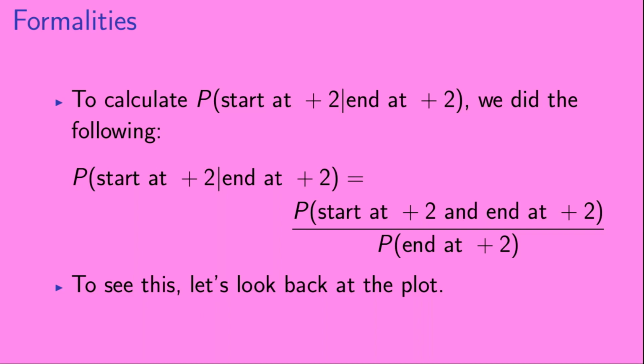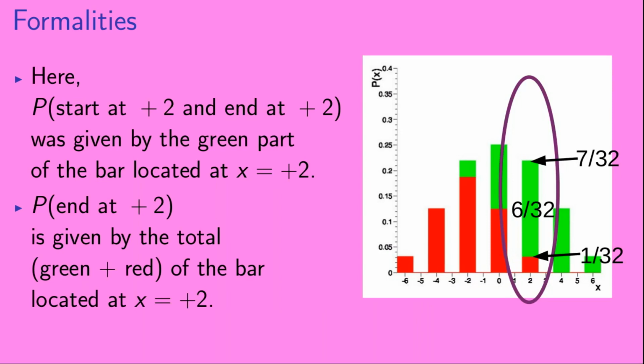To see this, let's look back at the plot. Here, the probability for the object to start at +2 and end at +2 was given by the green part of the bar located at x equals +2. The probability for the object to end at +2 is given by the total, the green plus the red, of the bar located at x equals +2.